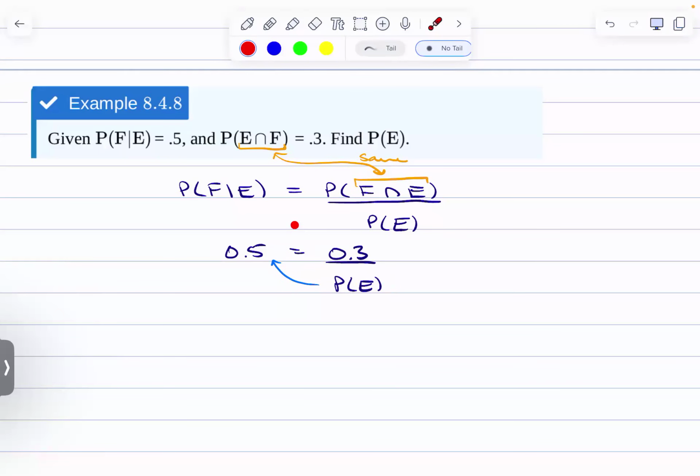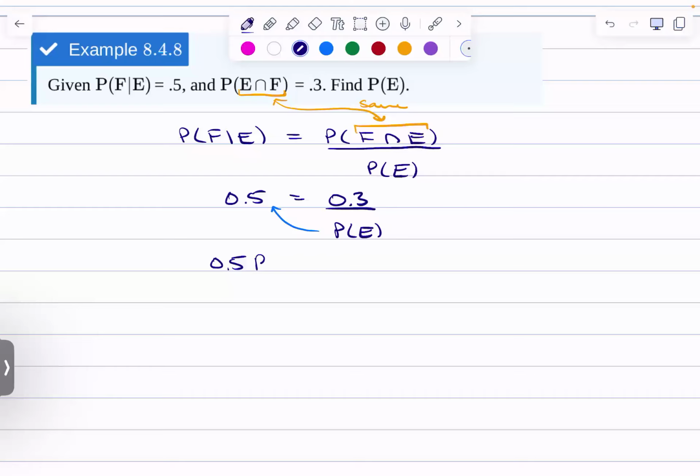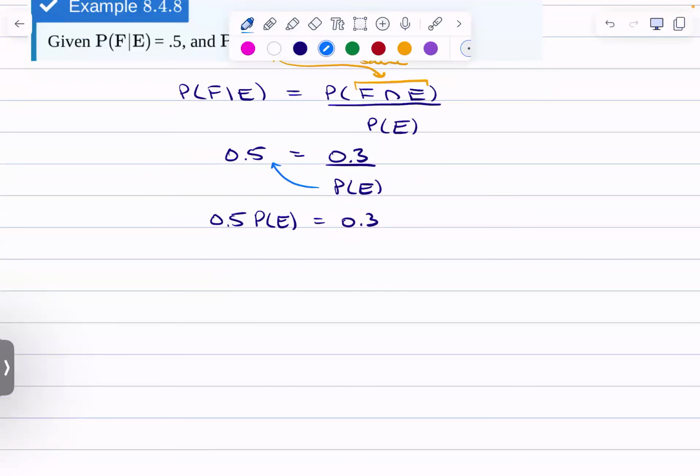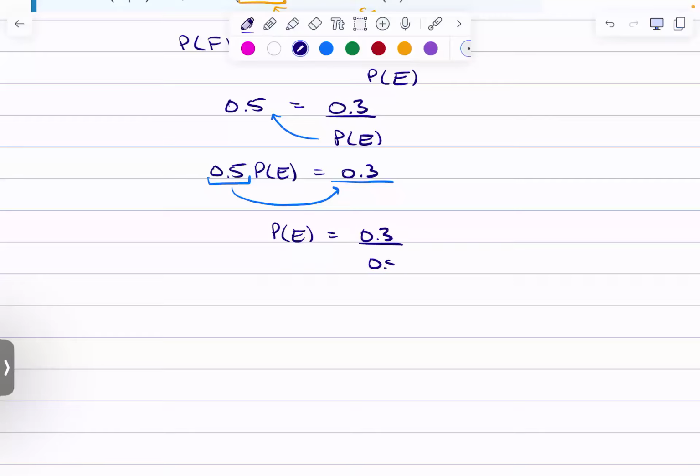So you want to send it up top first, which puts you at 0.5 times the probability of E is 0.3. And then you send this 0.5 over here to shake out the probability of E where you want it. That puts you at the probability of E is 0.3 divided by 0.5, which is that same beautiful 0.6.